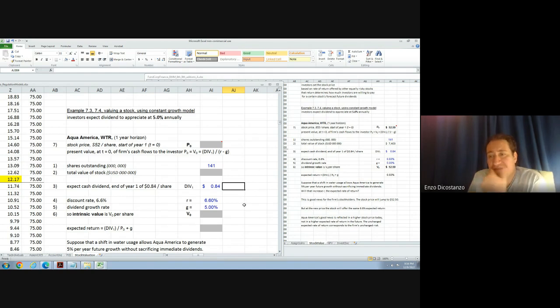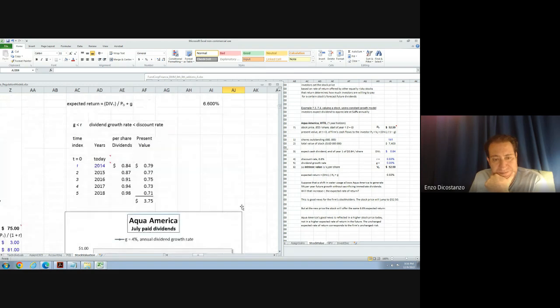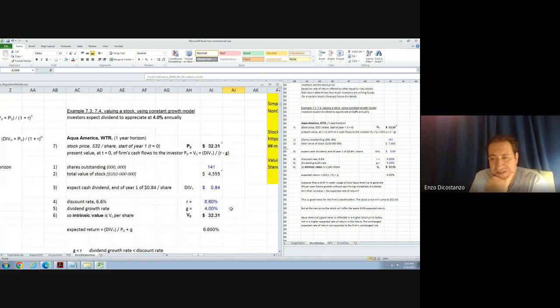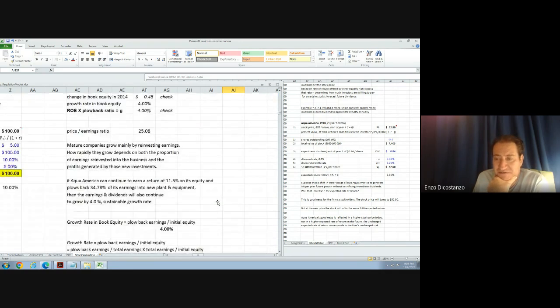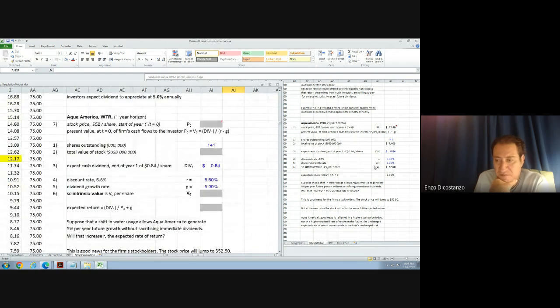Okay, so how did this change from what we had up here? This is 4%, and now we're looking at a 5% version. So if you have a bigger expectation of growth, hence bigger earnings, bigger dividends, you have a bigger valuation, even though the rate of return is 6.6%. You can see V0 now is 52 as opposed to 32, the smaller version that we had before.